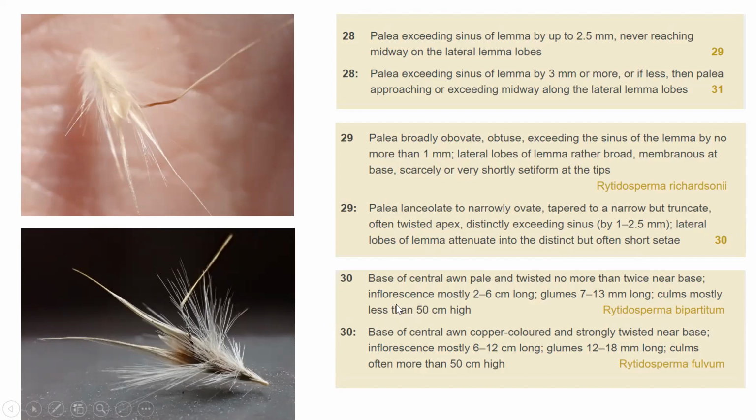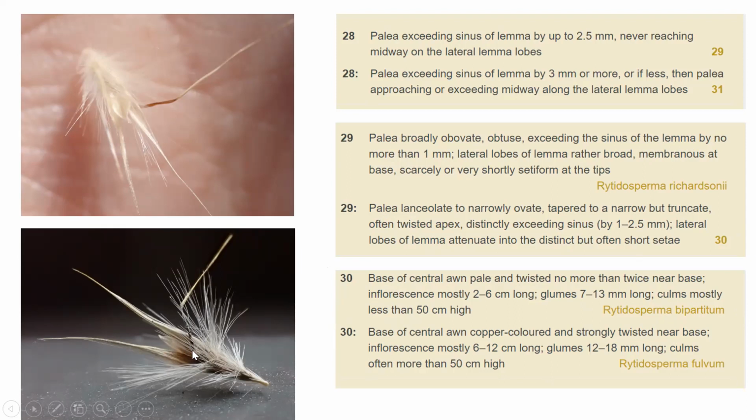So step 30, this takes us to nearly the bottom of the whole key. These two species are very closely related, so you might get a sample that's somewhere in between, and that's normal. It'll be one of these two.